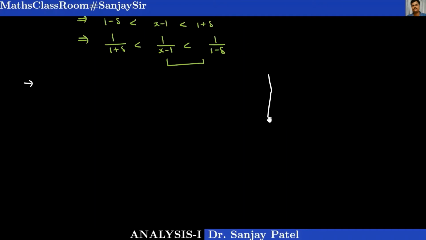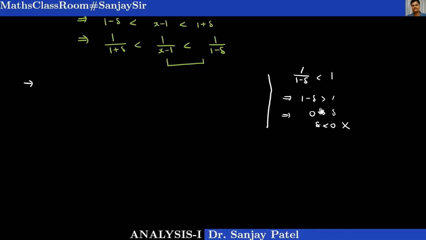What I want to explain here is, suppose I am making 1 upon 1 minus delta less than some constant, say 1. Then that gives me 1 minus delta is greater than 1 upon 1, which is again 1. So that gives me 0 is greater than delta. The 1 will be cancelled, taking delta on this side. That means delta is less than 0. This is wrong because we must have delta positive. So the constant 1 cannot be taken as an upper bound of the expression 1 upon 1 minus delta.